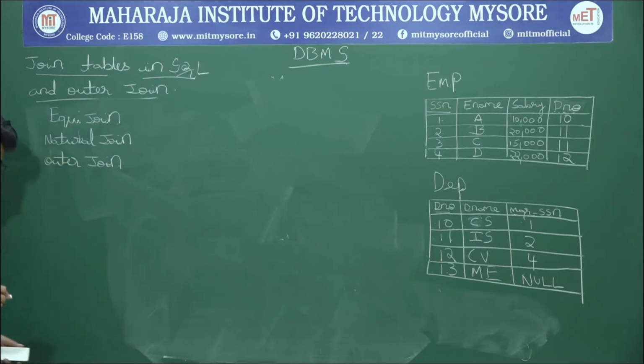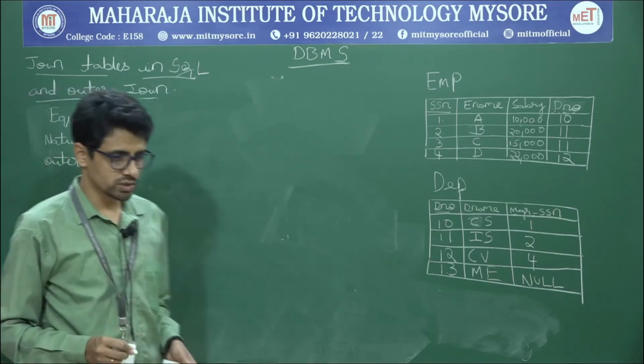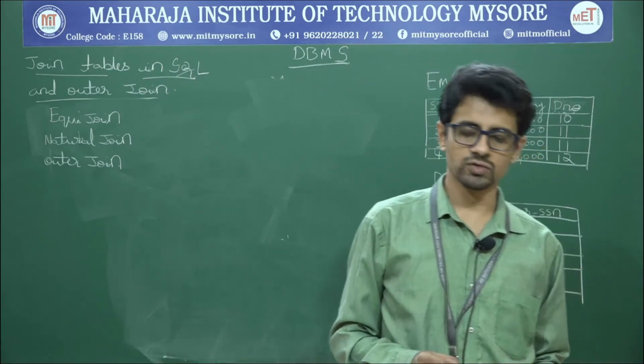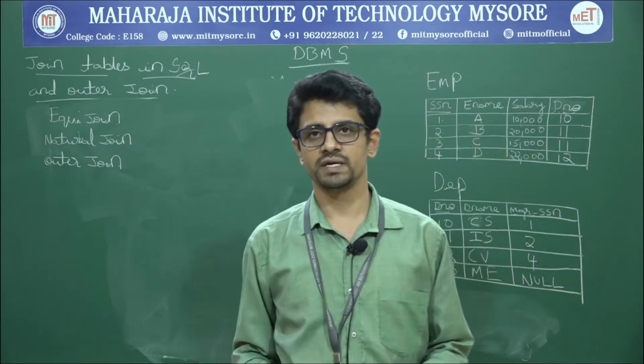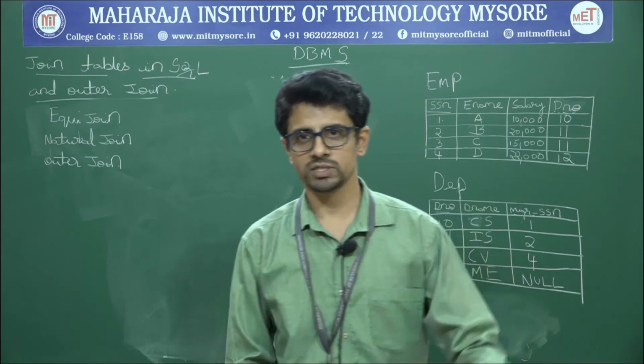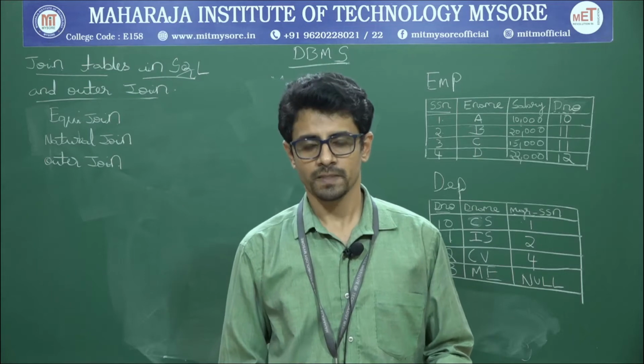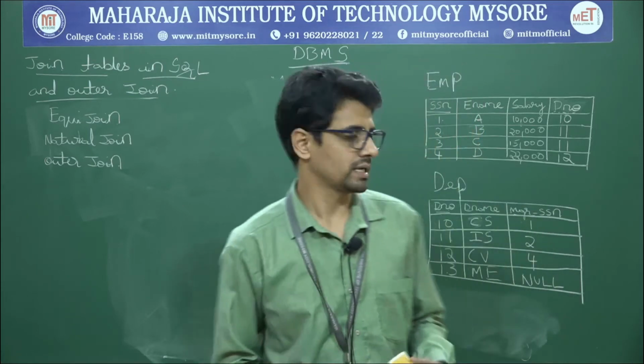See, outer join normally will be used in certain conditions where we expect some of the values irrespective of joining. If it does not have a matching value in the opposite table, still I want that particular row to occur in the resultant table. So let me explain with an example so it will be clear for you all.